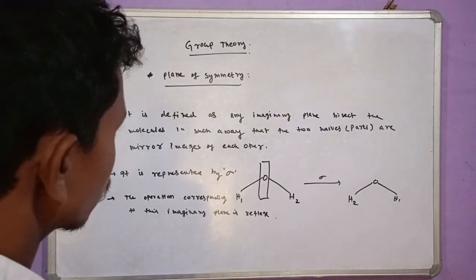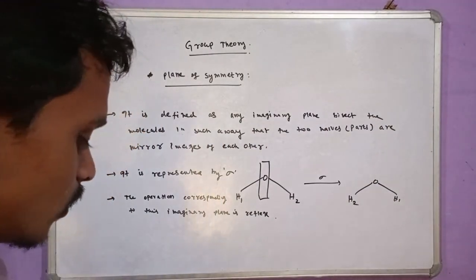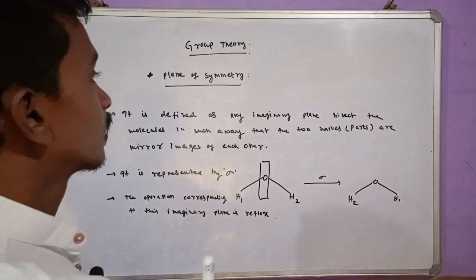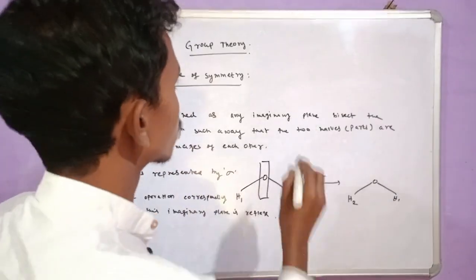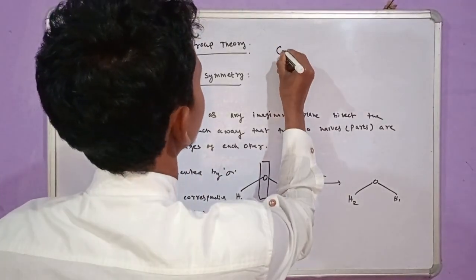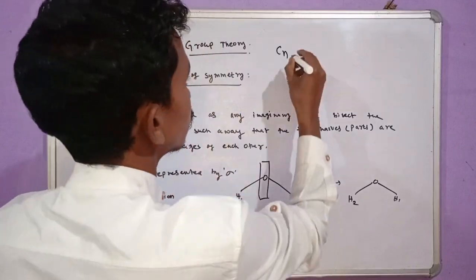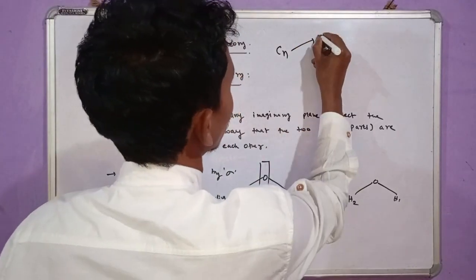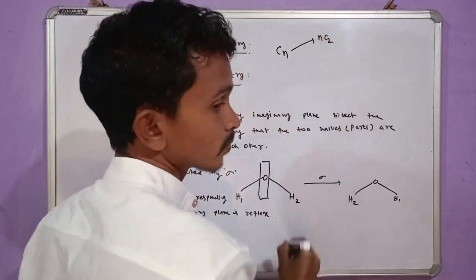And for the axis of symmetry, we said that if the principal axis is Cn, then it has n number of C2 axes, otherwise zero C2 axes.